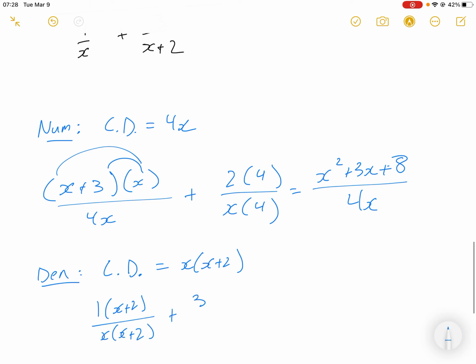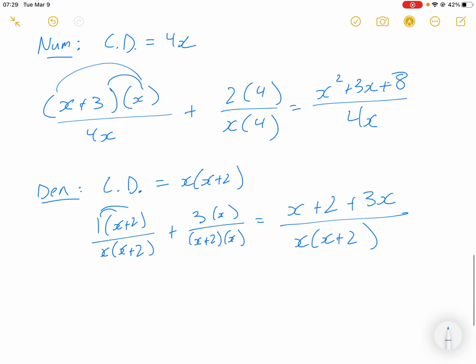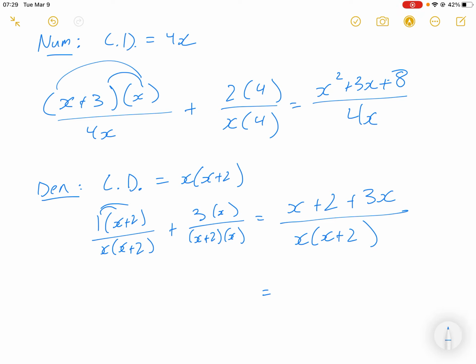And then this fraction needs to be multiplied by x. And so I end up with, I guess we could technically distribute the 1, but nothing changes. So I get x plus 2 plus 3x all over x times x plus 2. Let's go ahead and combine those like terms. So I do end up with 4x plus 2 in the numerator.